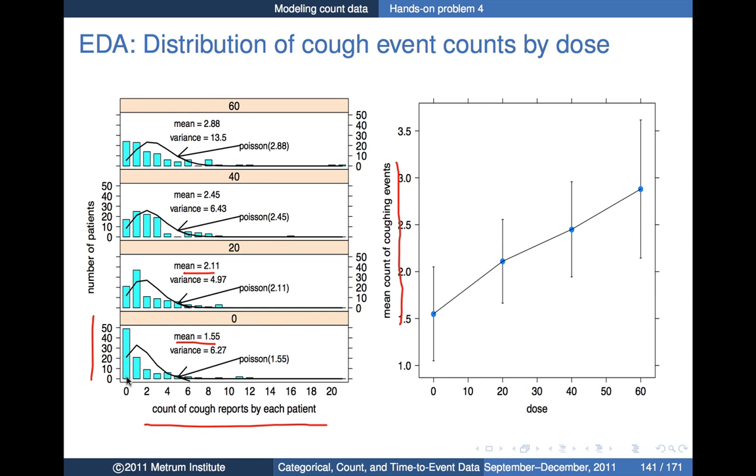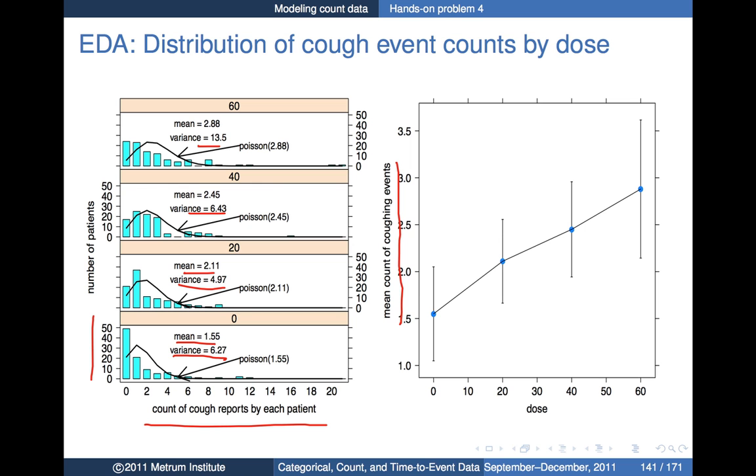So it looks like a regular Poisson model isn't going to quite fit it, and that then gets further emphasized by looking at the sample variances of the observed data, which, if we look here, in all cases is greater than the mean, whereas for a Poisson model, recall that the variance and the mean should be equal.